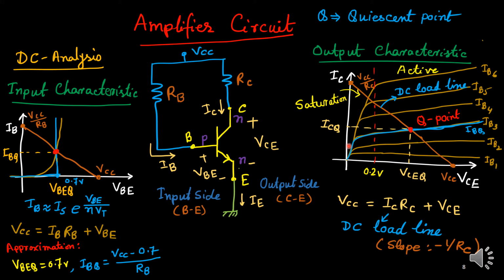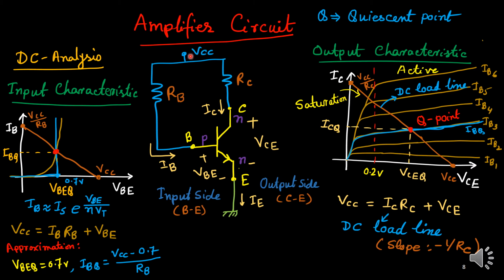Then the output characteristics curve: we have considered VCE versus IC. We get a collection of curves for different values of IB. Once IB is fixed at IBQ, we choose the corresponding curve here, this blue one, for a certain IBQ. Now again on the output side we find one equation based on KVL.